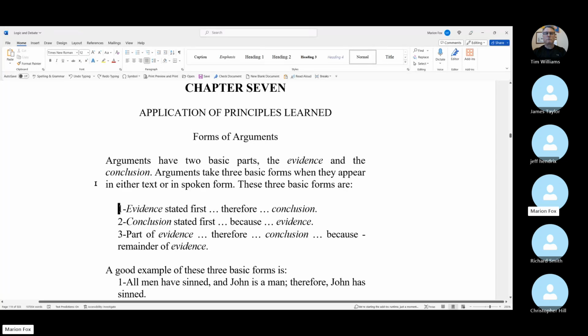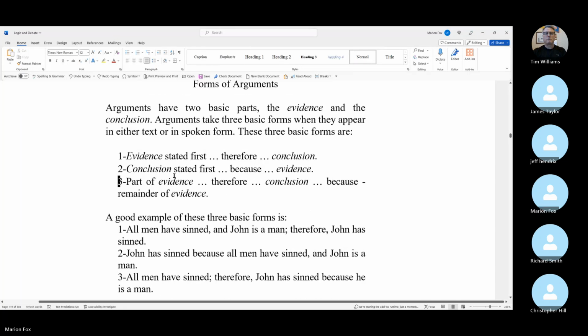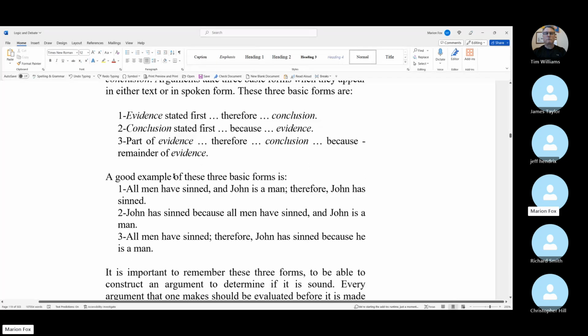The second form of the argument is you have the conclusion, and then you use the word because or something to that effect, and you give your evidence. The third form of your argument is you give some evidence, you say therefore, you draw your conclusion, and then you give some more evidence. Any question? These are the only 3 forms you can put them in. These are the 3 standard forms.